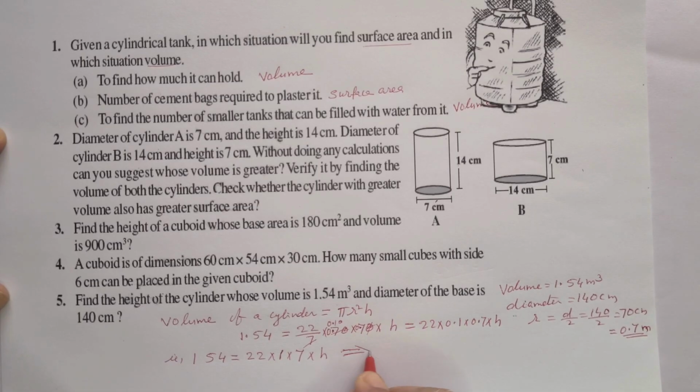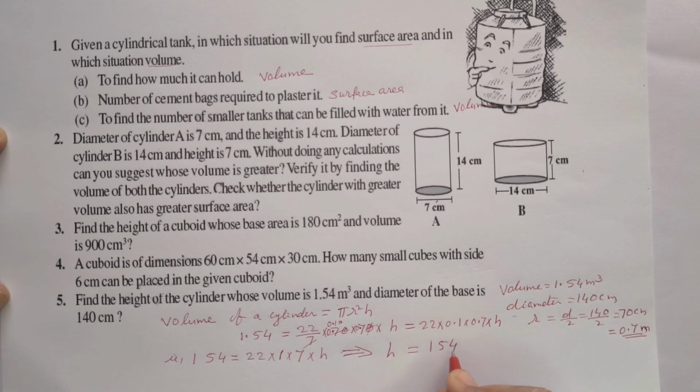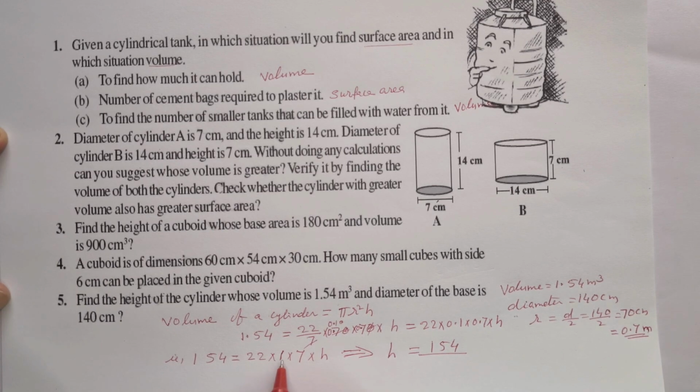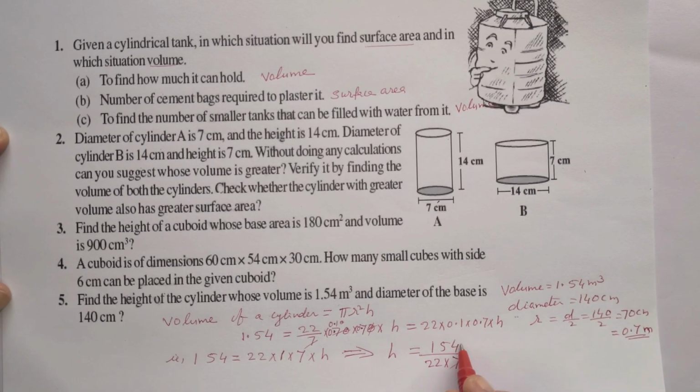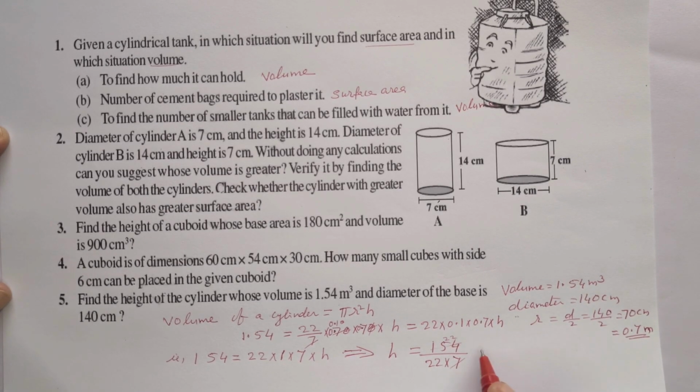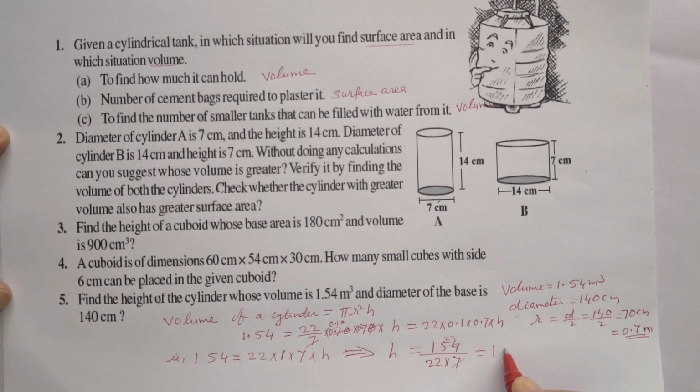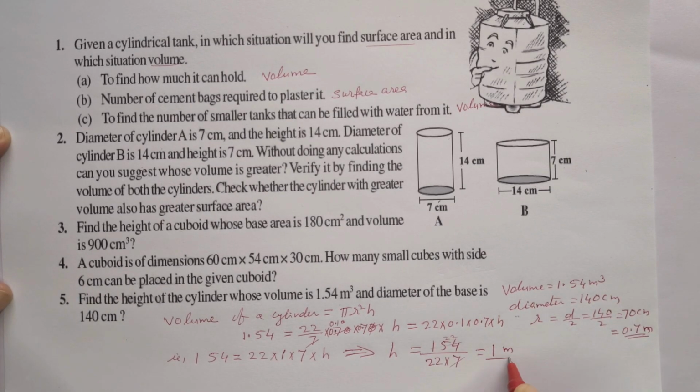which implies directly we can find height. H is equal to 154 divided by 22 into 1 into 7. 22 into 7 will go down. When we simplify, dividing by 7 here, 22 times, and 22 will cancel. We will get height is equal to 1. That means 1 meter.